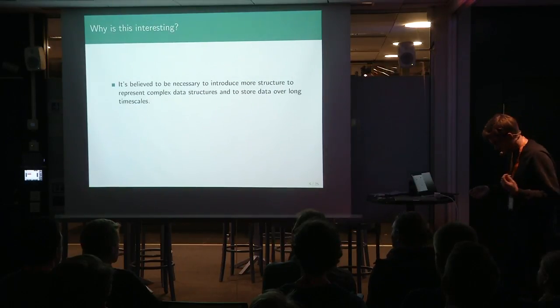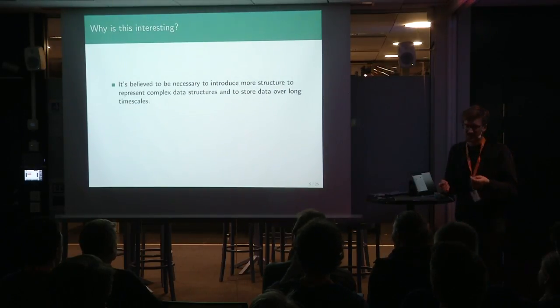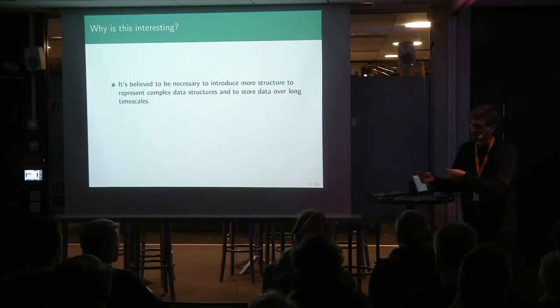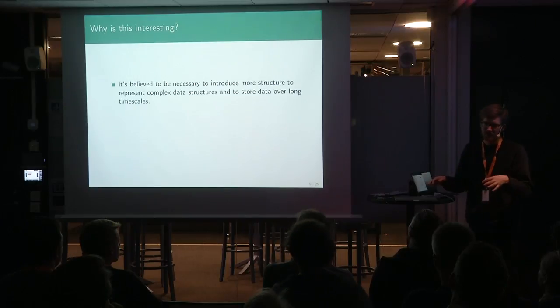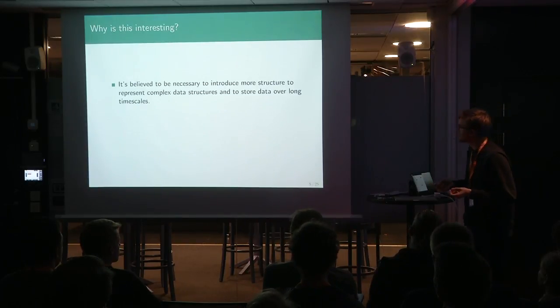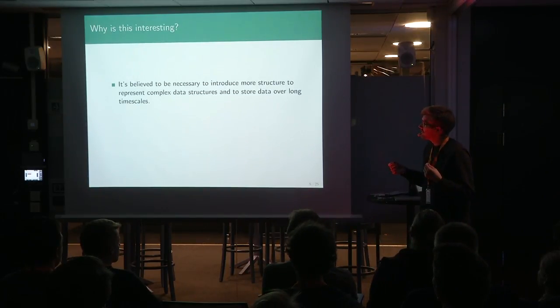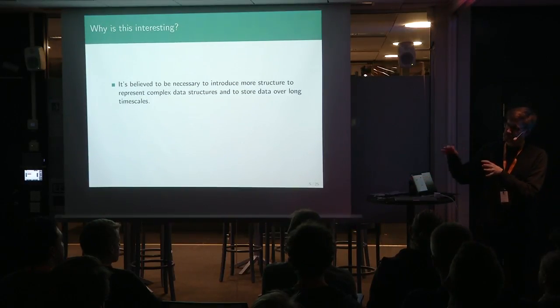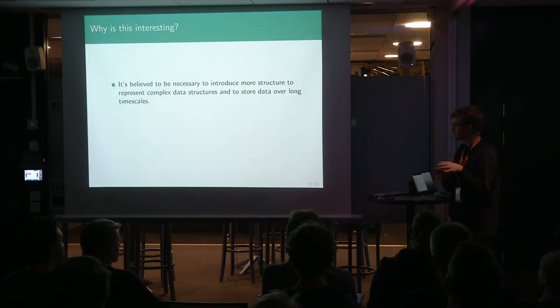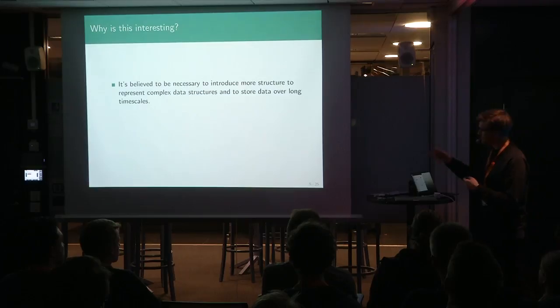So yeah, why is this interesting? One reason is that this type of model is state of the art for several problems, but it's also interesting because it introduces a way of adding external structures to neural networks to store data over long time scales and represent complex data structures.